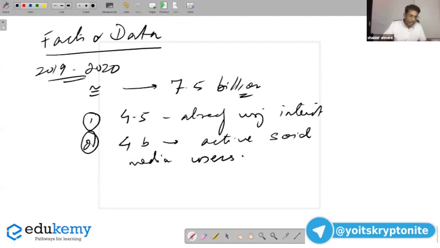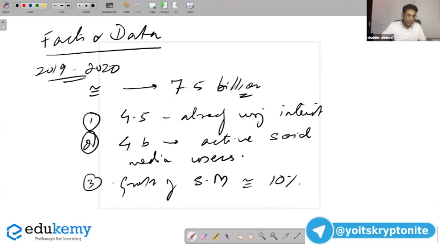If you look at the facts, the growth of social media users is approximately about 10% annually.